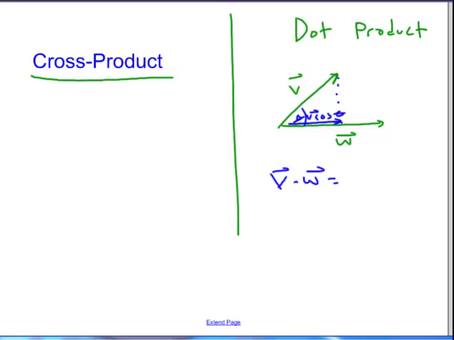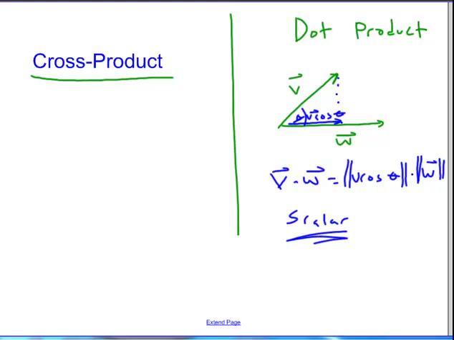So it's v cos theta magnitude times w magnitude. And the result is a scalar. It's a number.